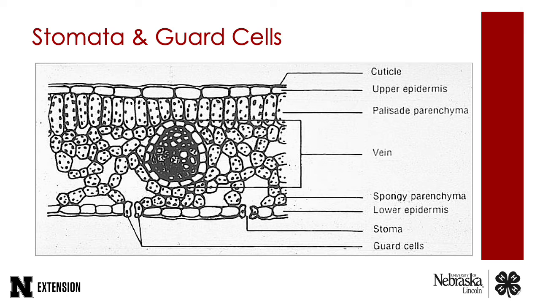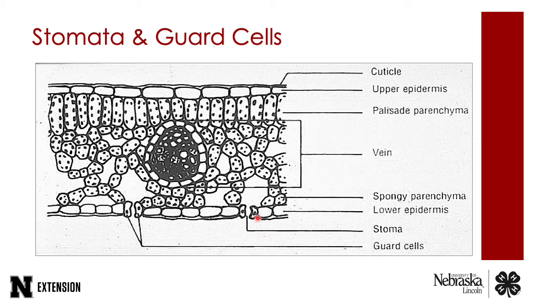So as we mentioned, plants have to take carbon dioxide in through openings in the leaf, and they also release oxygen through those same openings. So what we're looking at in this picture, if you look at the bottom side of that cutaway of a leaf, you'll see two little cells which are called guard cells right here and here, and together that structure is called a stomata.